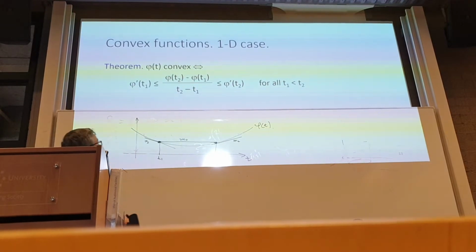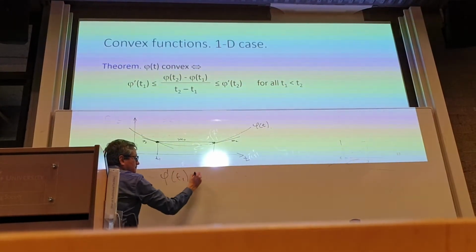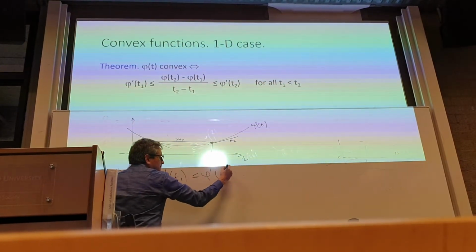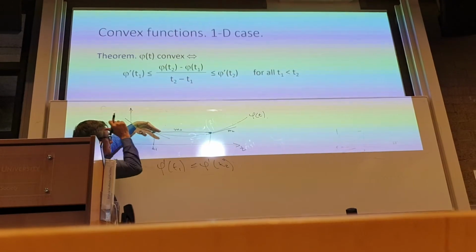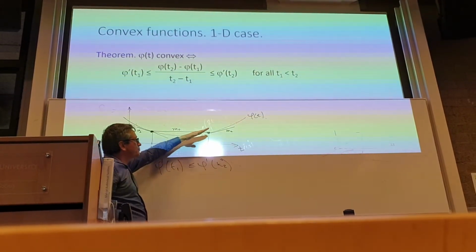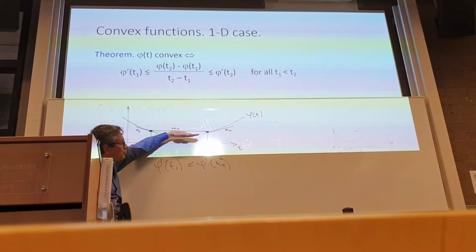But also, if I look just at this one, so now I look at the slope, not of the secant, but the slope of the tangent as the point moves through the function. That slope of the tangent is moving and is growing.